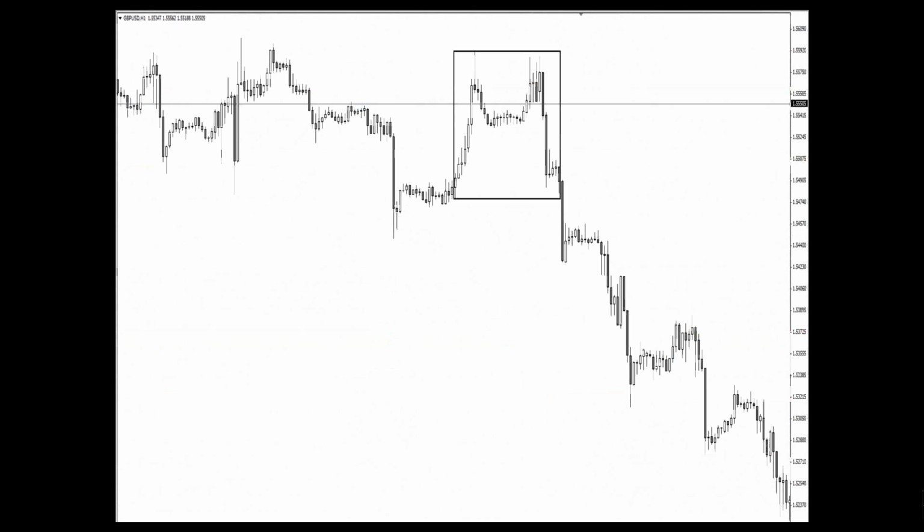Rectangle. Also, rectangles are very common in consolidation markets. For rectangle to be confirmed, we need to see double top and double bottom at least. This is a sort of double top. It's not perfect, but you can see also we have double bottom around there.